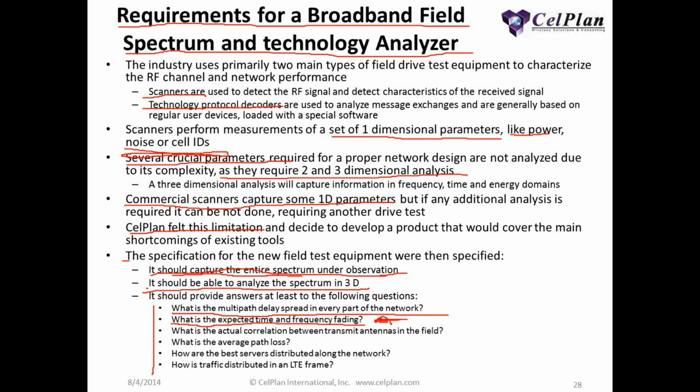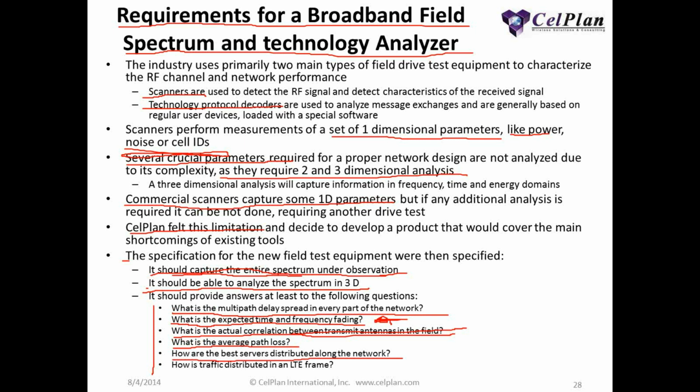Then MIMO came, and a question that everybody was asking us: how do I see the correlation between antennas? What is the average path loss? Well, we had to do a lot of CW measurements and so on. Can we integrate everything into one single product? How are the best servers distributed along the network?